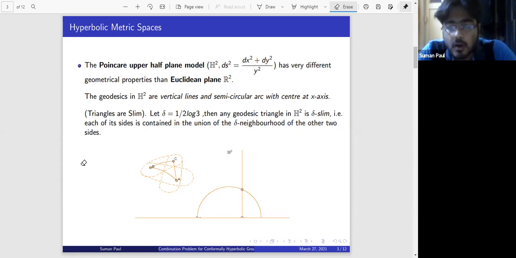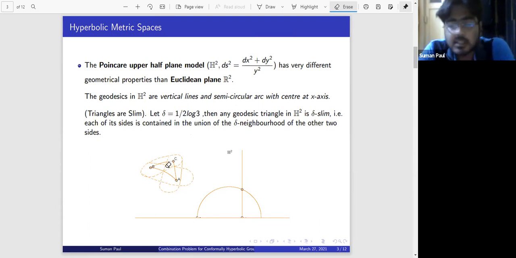For H2, you can show that you can find a uniform delta, which is half log 3. And for that, every geodesic triangle, however big, however far away the points are, will be delta slim. Uniformly delta slim.